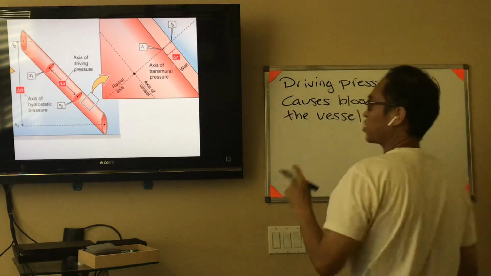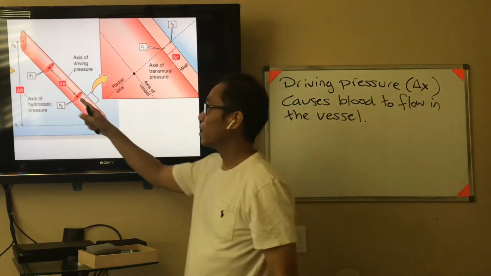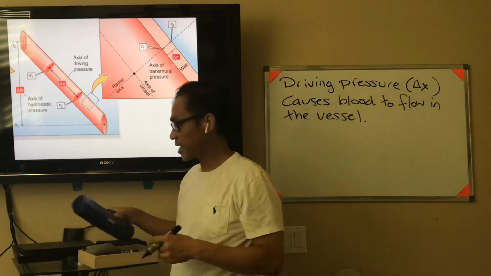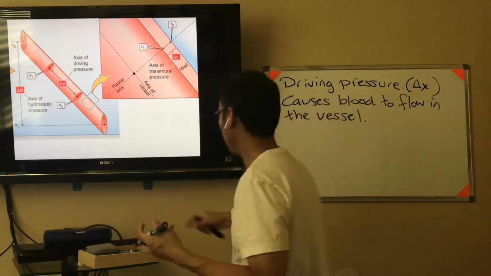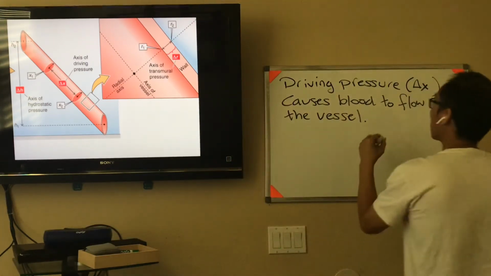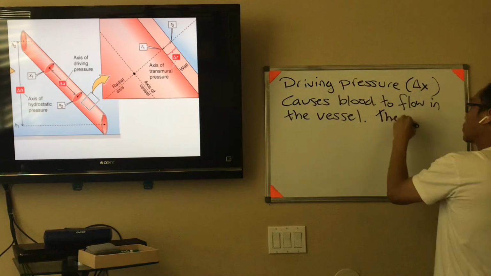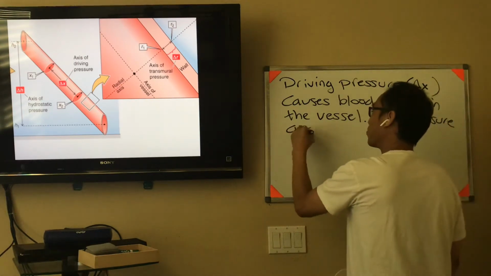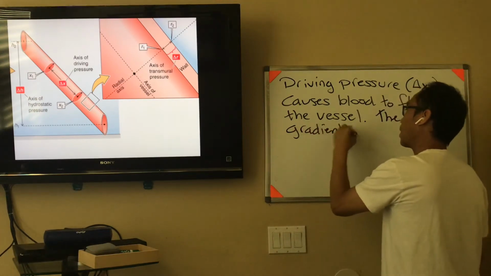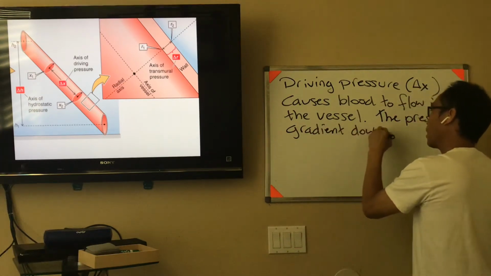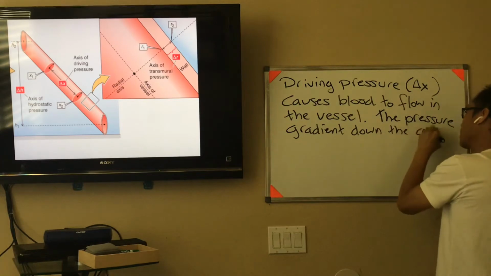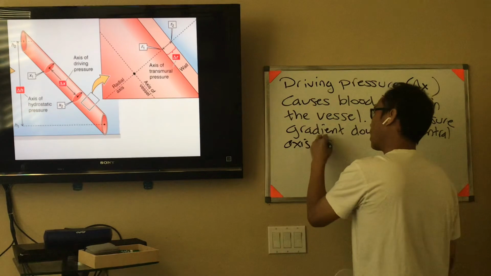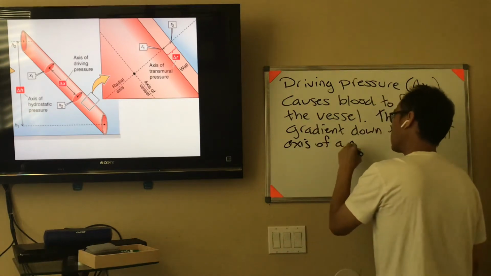So this driving pressure is the difference between a high point and a low point down the central axis of a given blood vessel. The pressure gradient down the central axis of a given vessel.